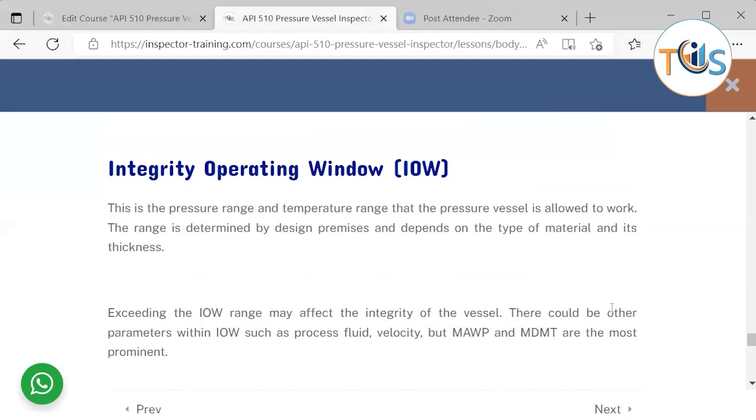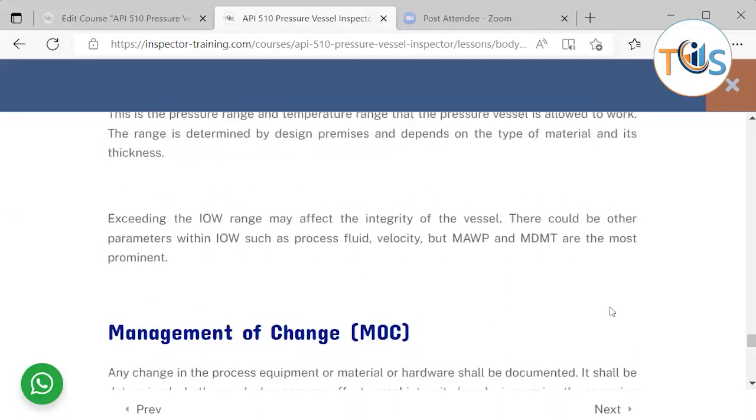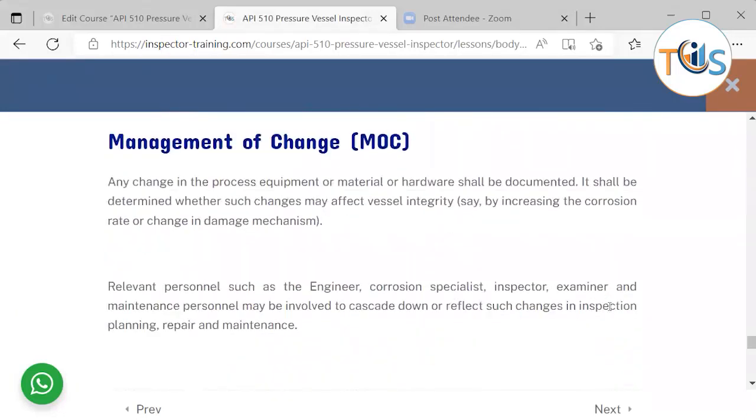Some of them are the type of fluid that can be used in the vessel. The speed of the fluid can be one of the parameters. The maximum allowable working pressure can be one. The minimum design metal temperature can be one. So these are all called the integrity operating window.